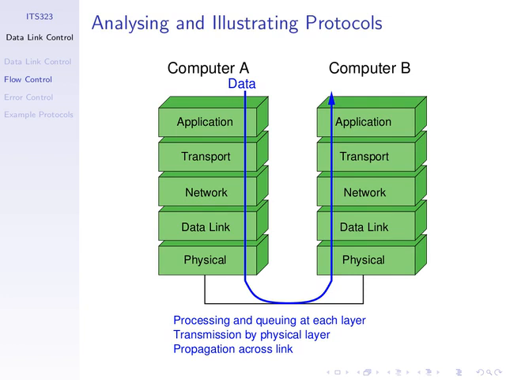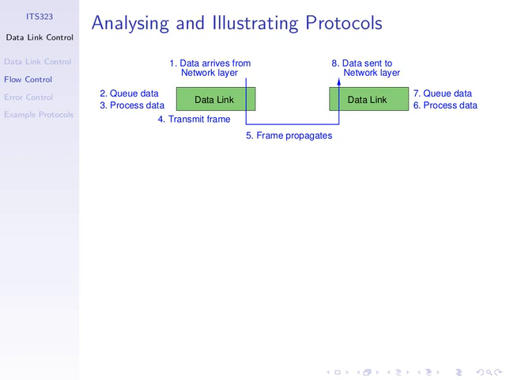So this is not about flow control. This is generally about how we can analyze and illustrate protocols so that we can explain them. If we focus on the data link layer, for an example, we can think of the general steps as, at the start, data arrives from the higher layer, the network layer. It may be queued, that data may have to wait in memory, therefore incur some queuing delay.